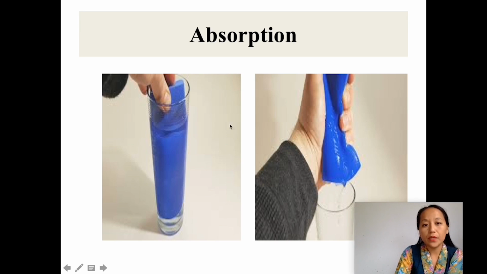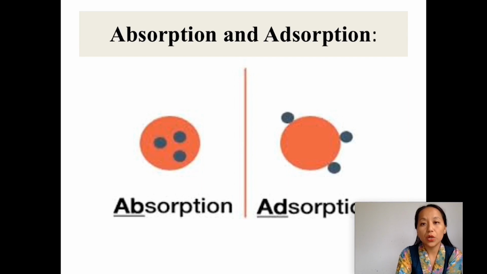The phenomenon where the particles enter into the bulk of the substance is called absorption. Whereas in the case of adsorption, the molecular species remains on the surface of the adsorbent rather than entering into the bulk. So that is the difference between absorption and adsorption.